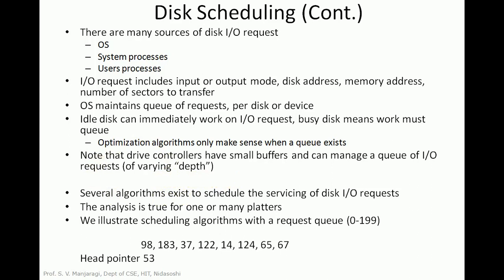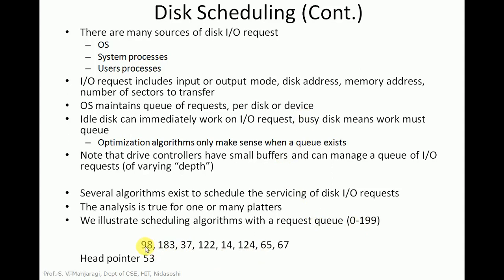There are many disk scheduling algorithms which can be used to serve disk IO requests. Here we can illustrate the scheduling algorithms with a request queue over cylinders 0 to 199. The queue is storing the IO requests.